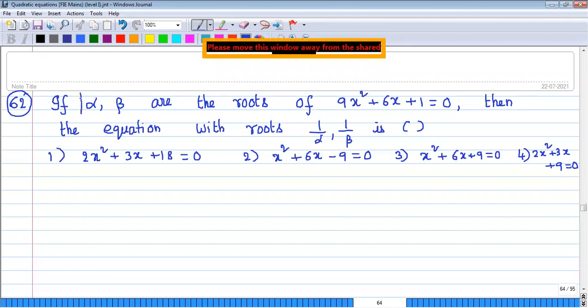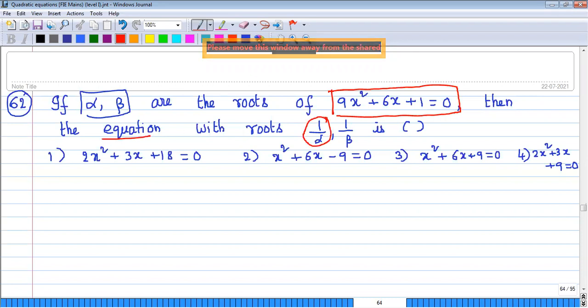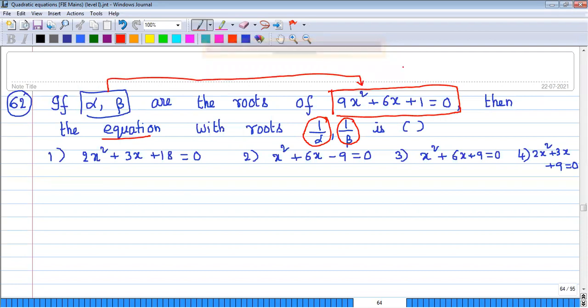See, if alpha, beta are the roots of 9x square plus 6x plus 1 equals 0, then the equation whose roots are 1 by alpha, 1 by beta. Since alpha, beta are the roots of this one, alpha plus beta equals minus 6 upon 9.